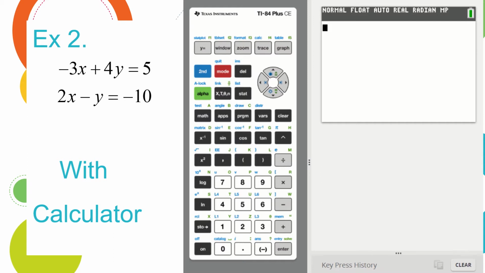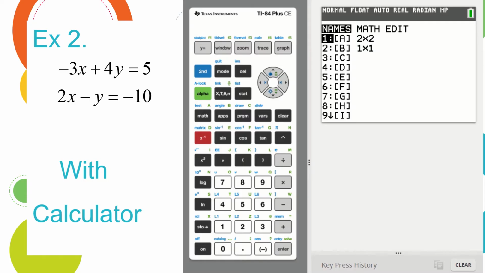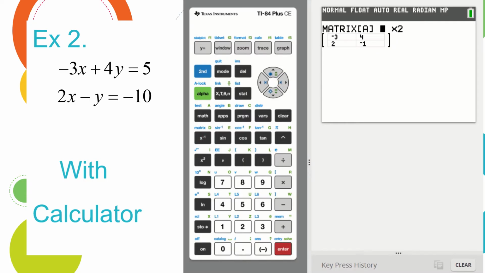Alrighty, let's practice solving with inverses using our calculator. If you need more clear and slower instructions for entering matrices, please see my previous video. All right, let's go second matrix. I'm going to press edit, and I'm going to edit A. Now I previously entered this. So our coefficient matrix is a 2 by 2 of negative 3, 4, 2, and negative 1.